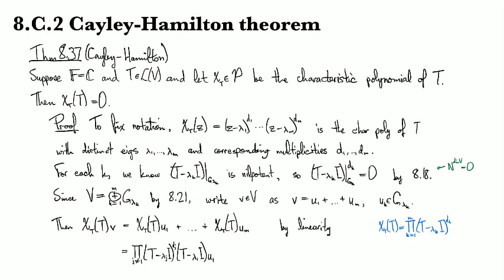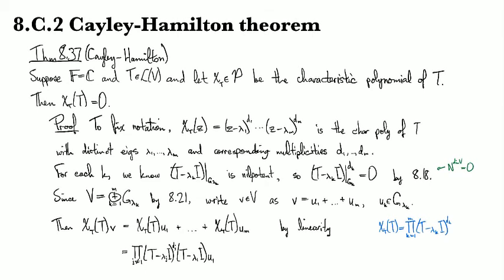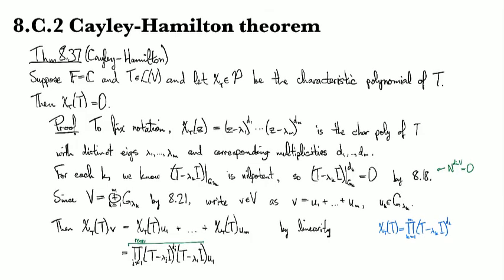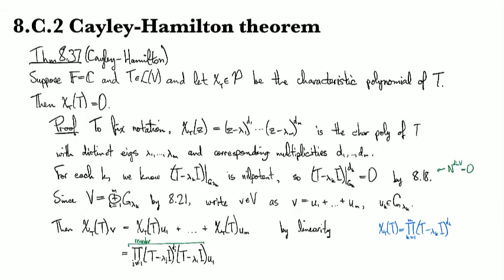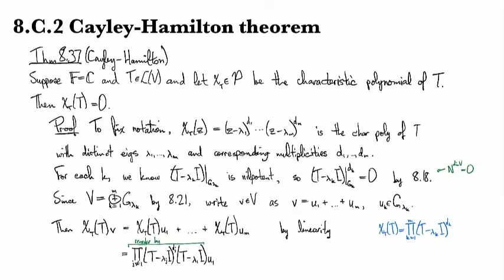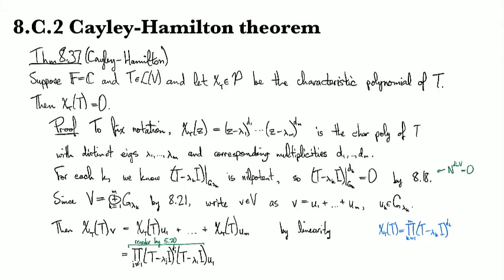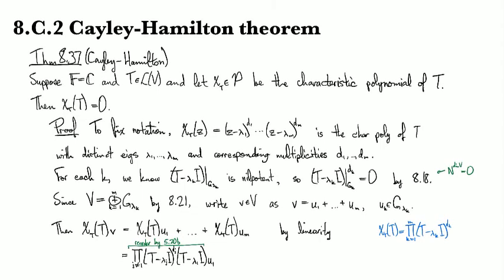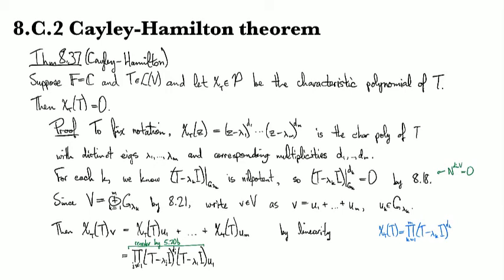And I can do that because I can reorder the terms that appear here by 5.20b, which says that if you have polynomials in T, they commute with each other. And that's exactly what we have here, polynomials in T.